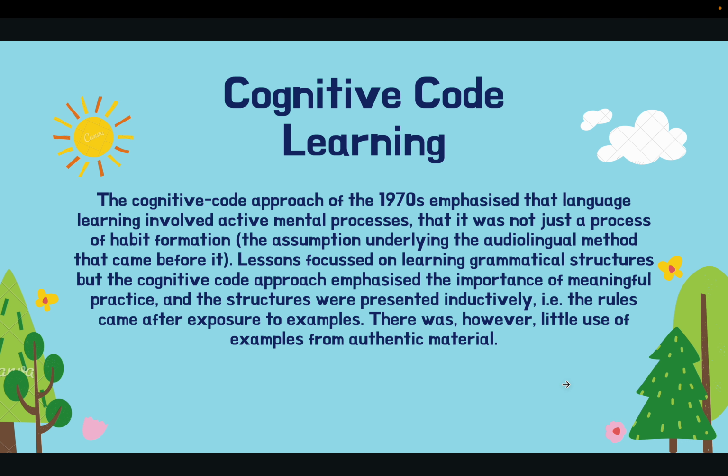All right. Next, we have CCL, Cognitive Code Learning. What is this? You just have to focus on learning grammatical structures, but a cognitive approach emphasizes the importance of meaningful practice. So it's grammar structures plus meaningful practice equals learning language. I don't know whether I like this, but probably the keywords here are little use of examples from authentic material.